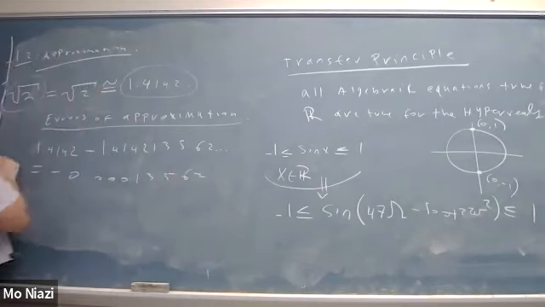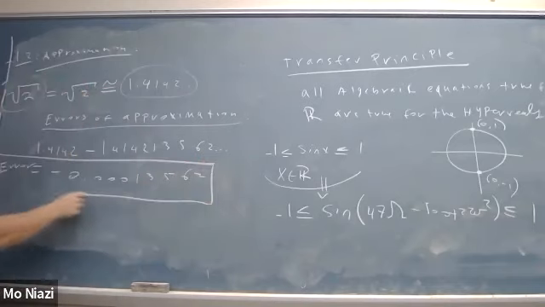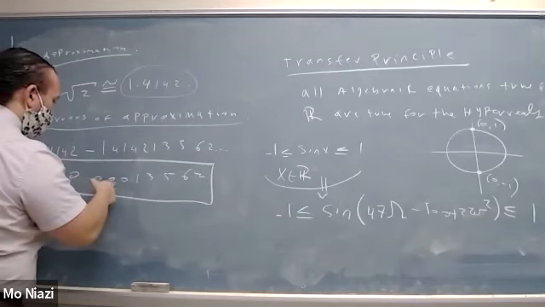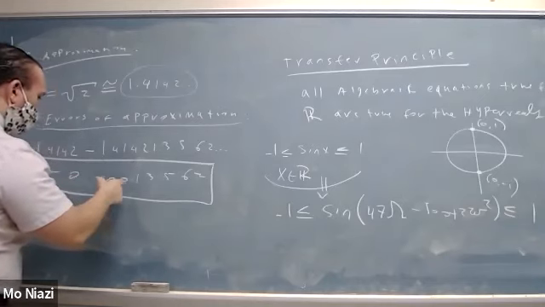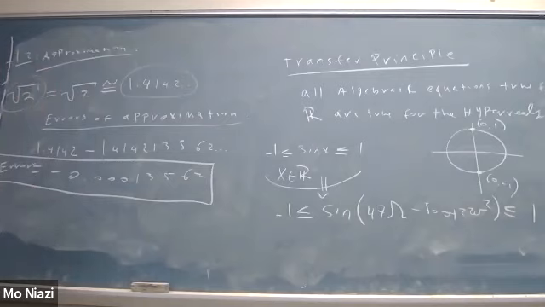This is your error. That means assuming square root of 2 is equal to 1.4142 in this construct is tantamount to being wrong by 0.000135562, which is a tiny amount.